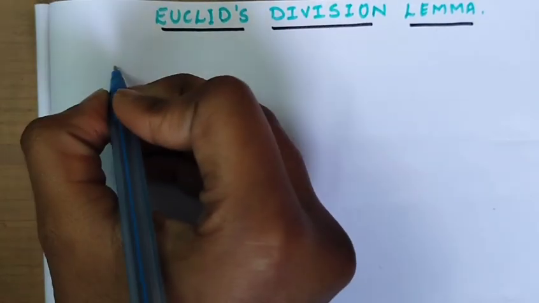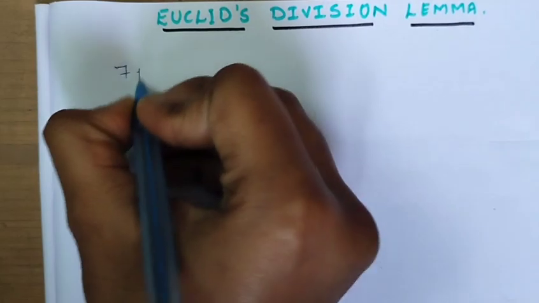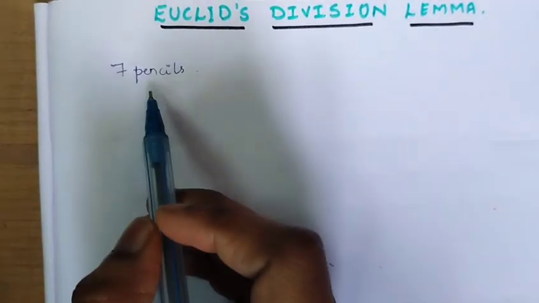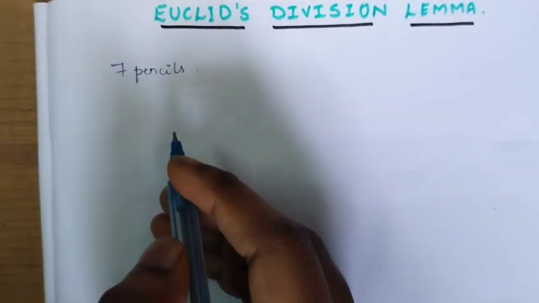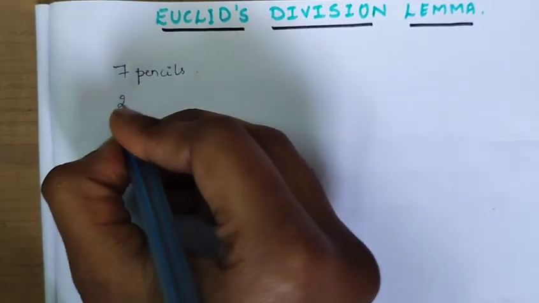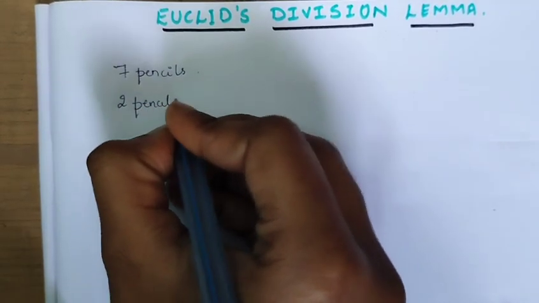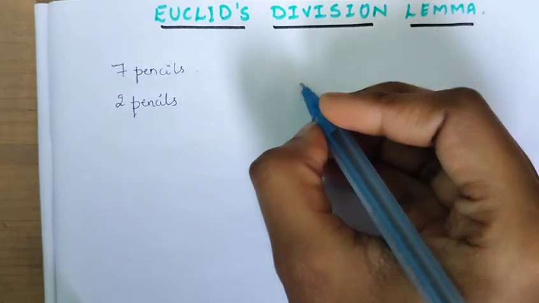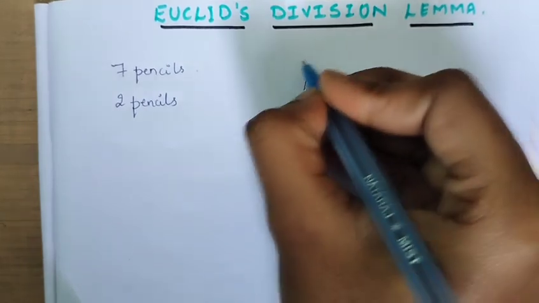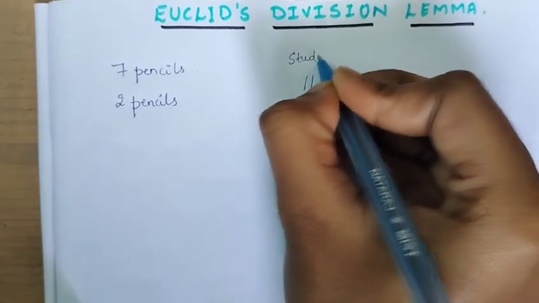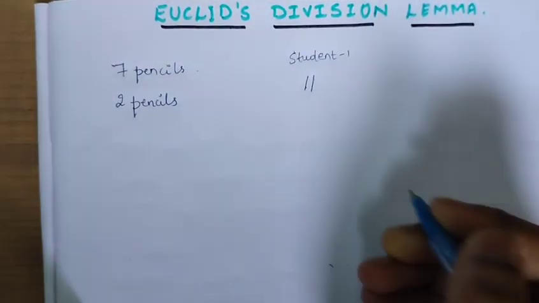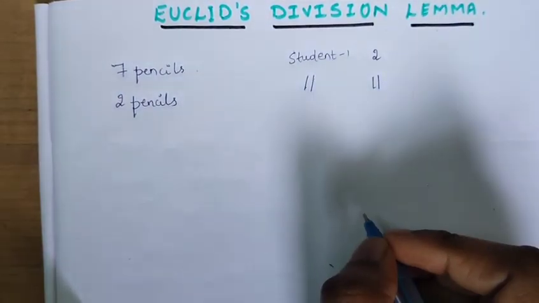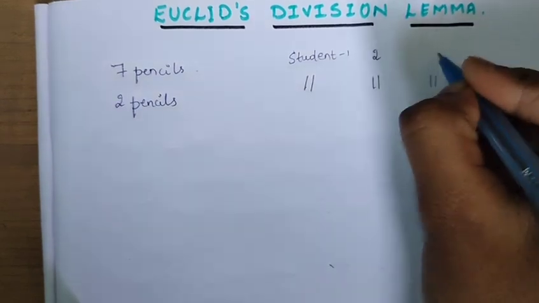Assume that you have 7 pencils. And you have to distribute 2 pencils to each student in a classroom. So to how many students can we give this? If I give 2 pencils for student 1, I'll give 2 more pencils to student 2, and then 2 more pencils to student 3.